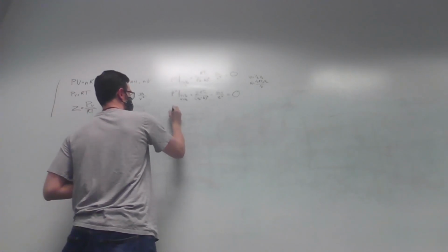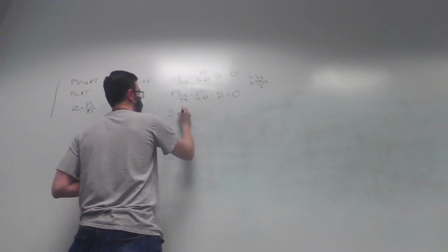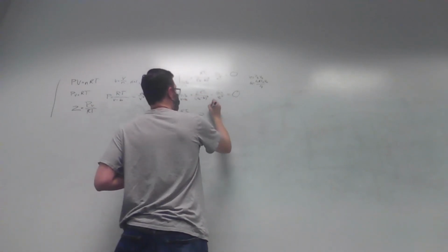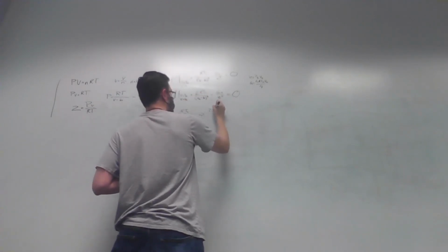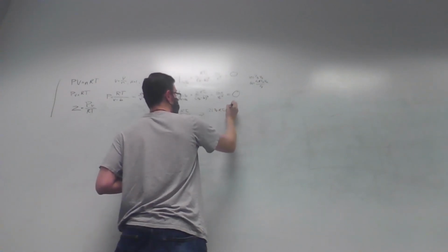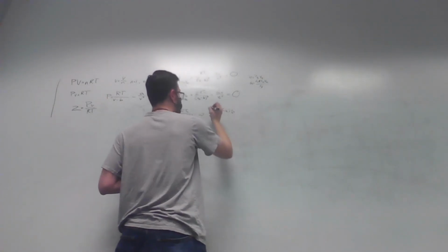So 2A over critical volume cubed equals R times critical temperature, critical volume minus B squared goes to, now we're going to sub in 2 times 9/8 R times critical temperature, critical volume times 1 over critical volume cubed.